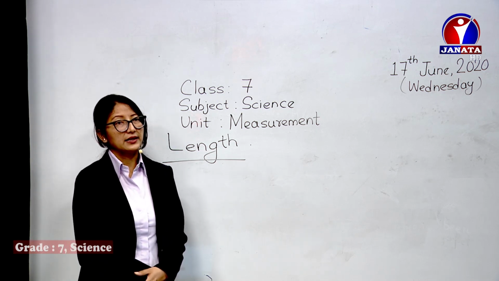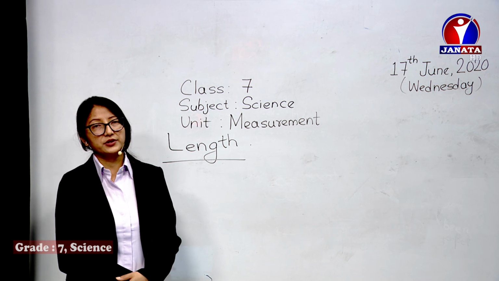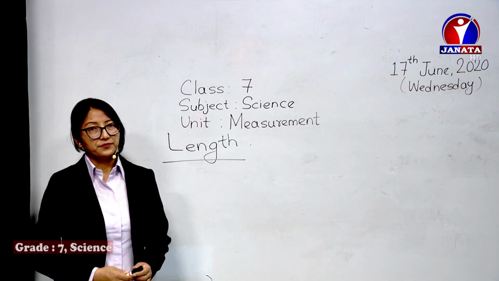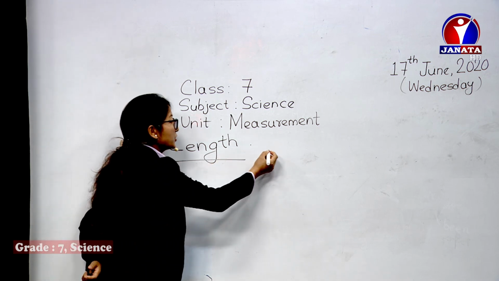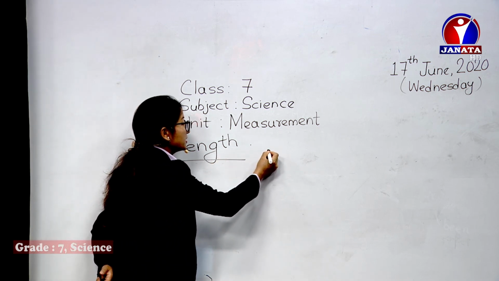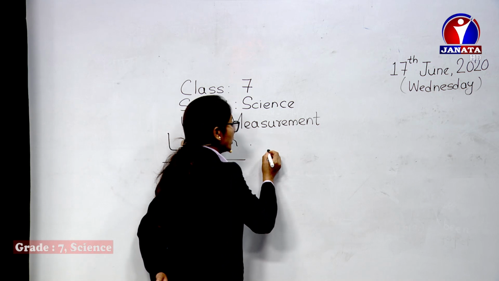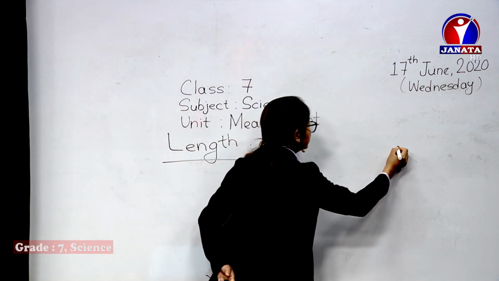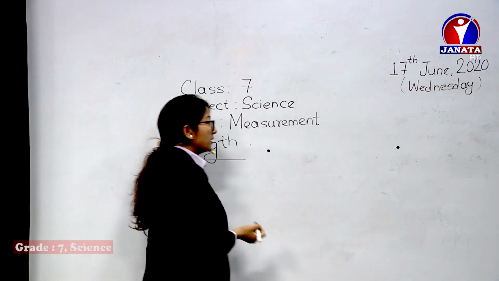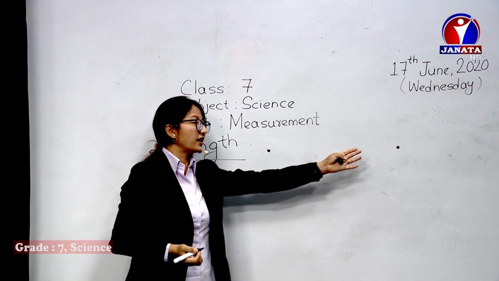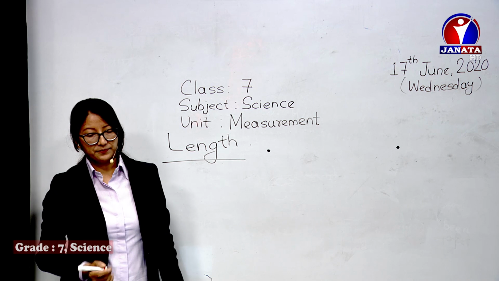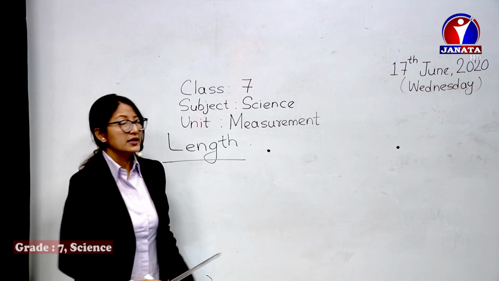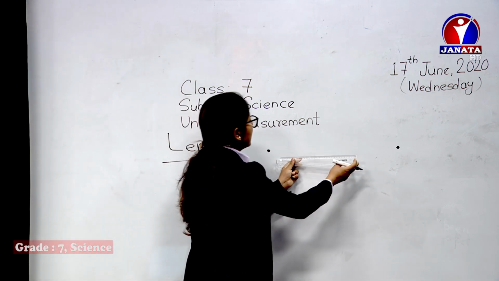What do you understand by length? See, length is simply the gap. Suppose I take 2 points here, this is a point and one more point is here. The gap between these 2 points is called length.